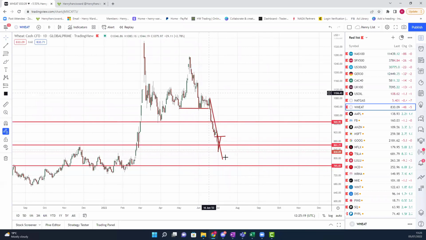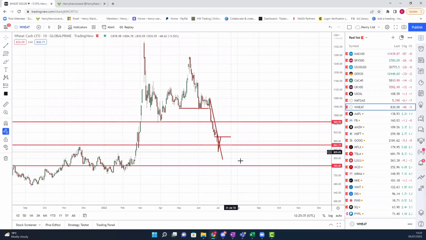Okay, so there's really nice momentum to the downside of this. We were looking for the pullback to here, it didn't happen. We wanted to pull back into this level, it didn't happen. And the way it's moving, it's probably not going to pull back into this level either for us.